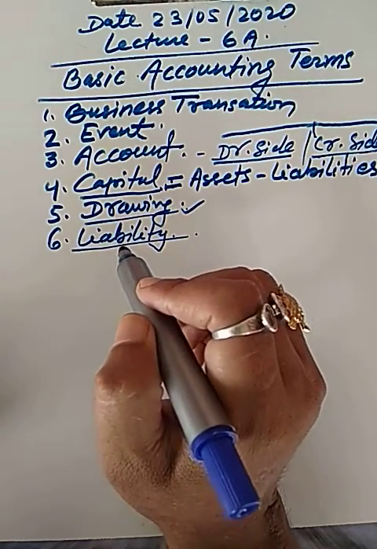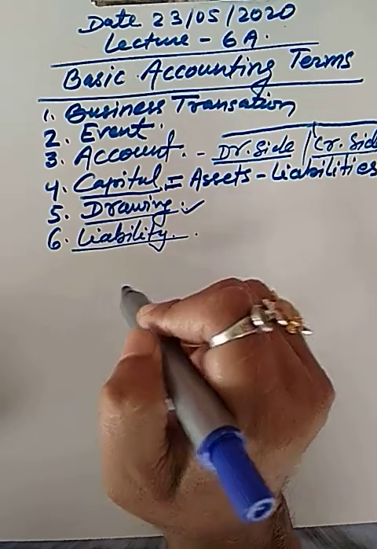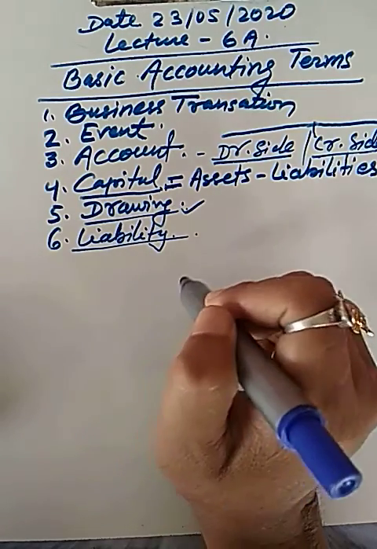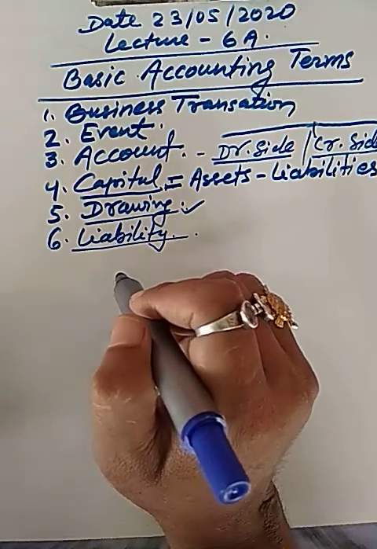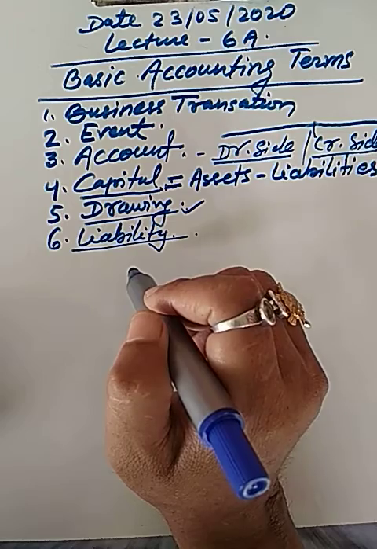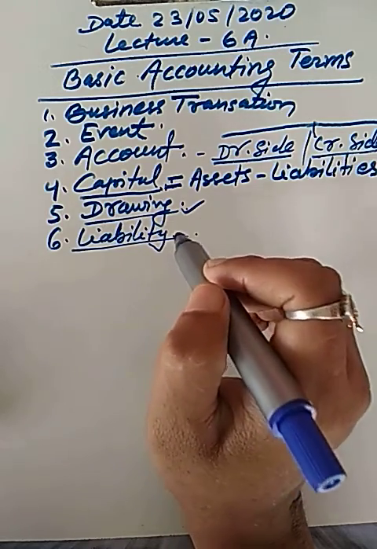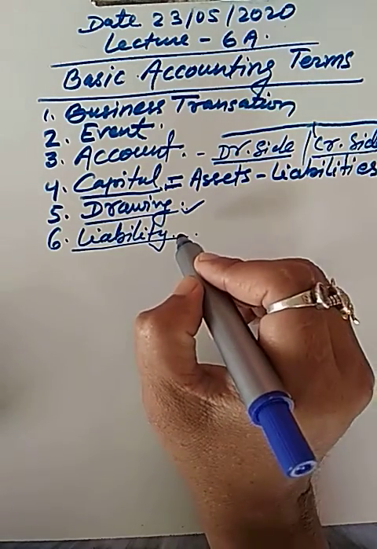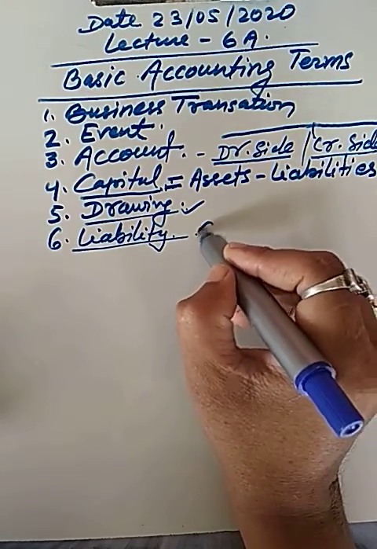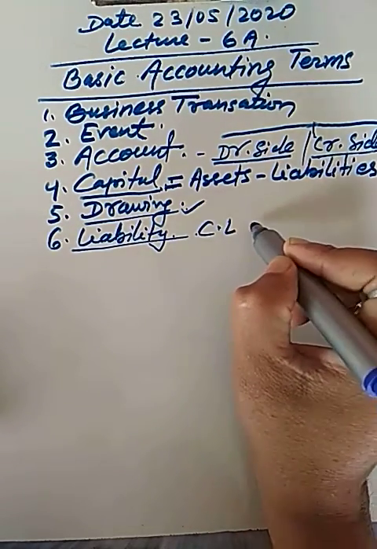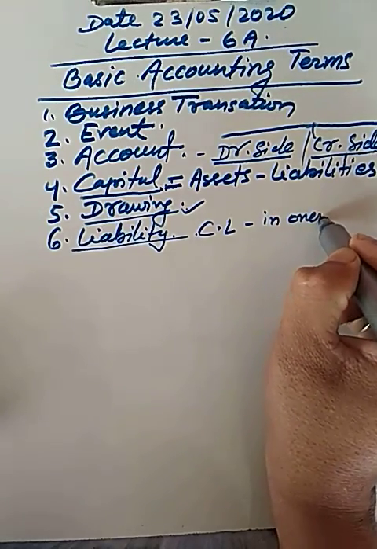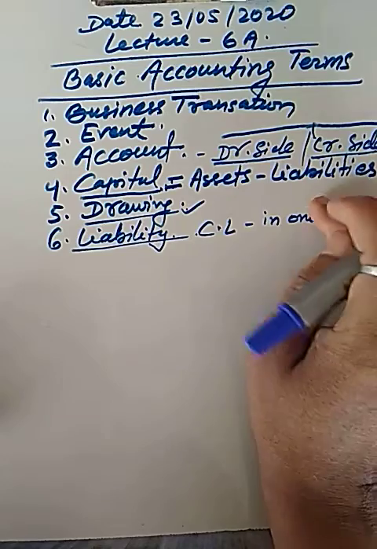There are many types of liability: current liability and non-current liability. Current liabilities are those liabilities which are normally paid within 1 year.